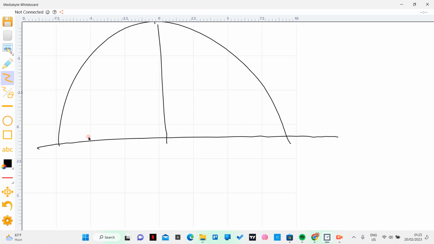So now let's talk about the time of flight. For that I still need the diagram, so let me draw this again.